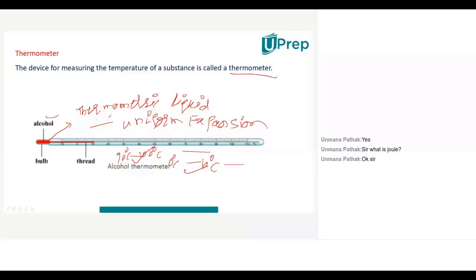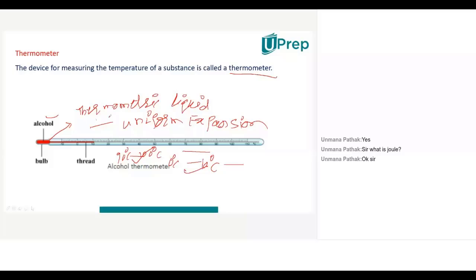But to measure atmospheric temperature, some difference is acceptable. Suppose an alcohol thermometer shows 38 degrees Celsius as today's temperature, it will not be accurate. It might be a slight change also. So that much uniform expansion will not be there for alcohol when you compare it with mercury.